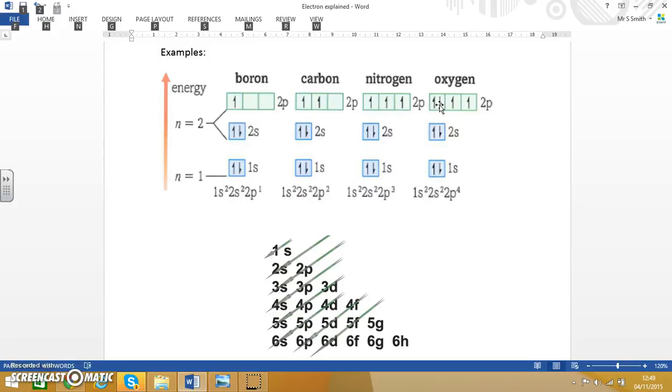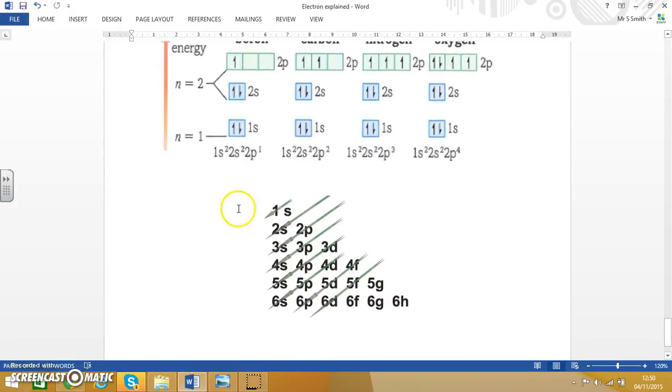And finally we come on to how we fill up the subshells, and there is an easy and neat way of working this out. It's by drawing up a grid similar to the one illustrated on the bottom of this page. If you can see what has been written down, we have all of the s subshells written underneath each other.